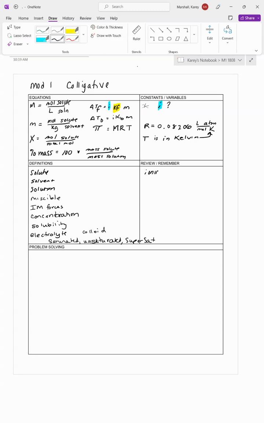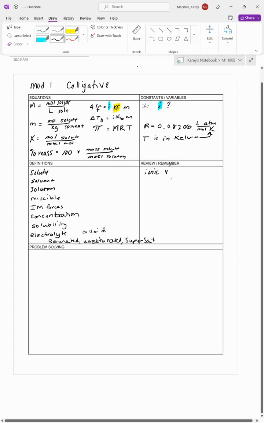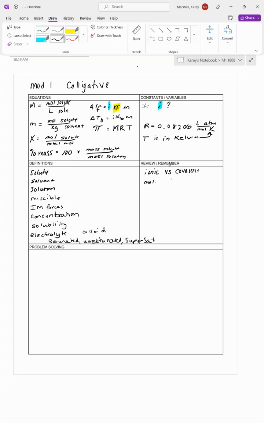So things you might want to review or remember. How do you tell the difference, and when do you know if you have an ionic compound versus a covalent compound? Okay. How do you know the molecular polarity? Do you remember that? Do you need a review? Do you remember how to calculate moles from grams, or from its mass, or from its volume in milliliters?